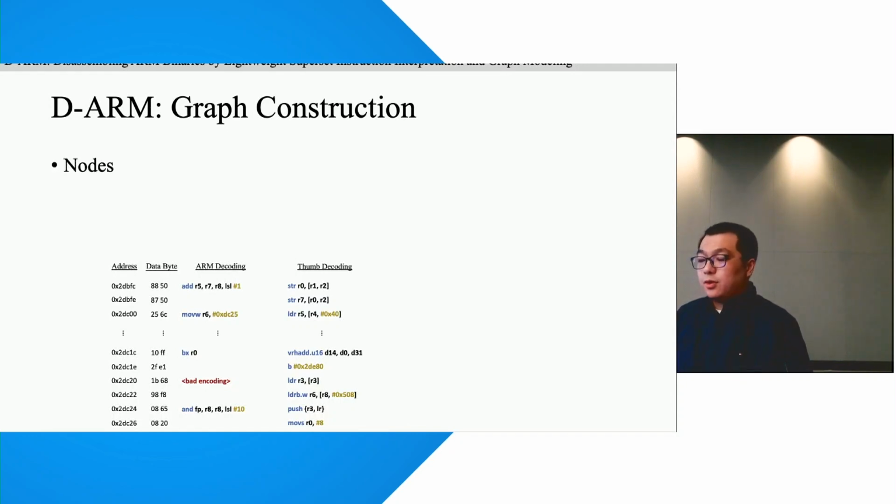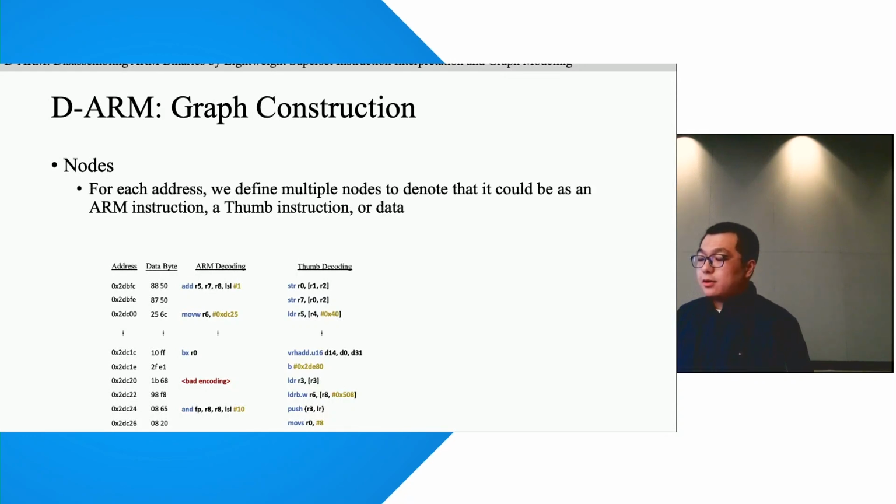First, for the nodes in the graph. For each address, we create 3 types of nodes to denote that the address shall be considered as an ARM instruction, a Thumb instruction, and data bytes. For example, the first 4 bytes can be decoded as an ARM instruction, so there is an ARM node. They can also be decoded as 2 Thumb instructions, so there are 2 Thumb nodes.